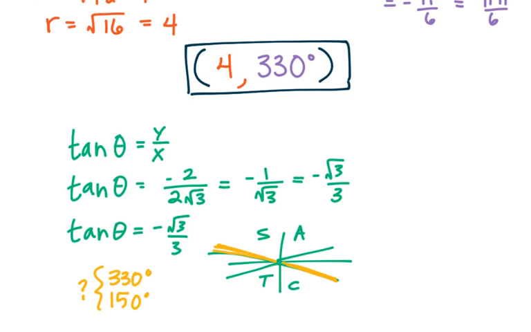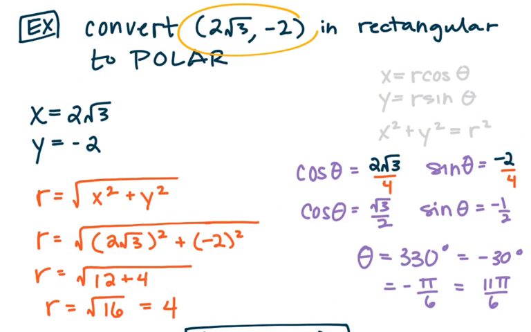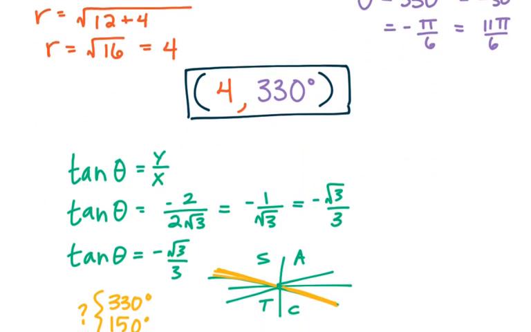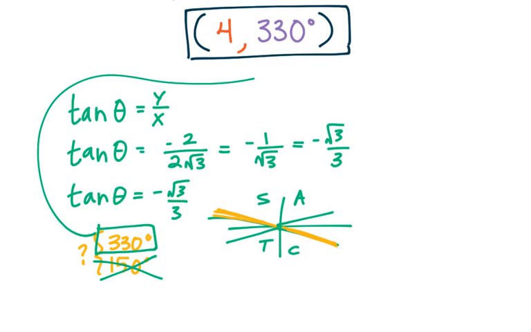We need to choose one. The easiest way is to ask which quadrant this point lies in. Positive x, negative y, it's in quadrant 4. So we choose 330 degrees, like we did before.